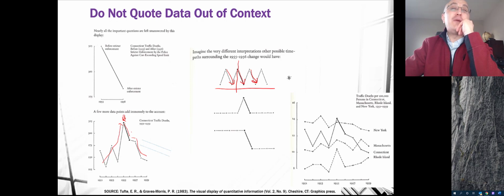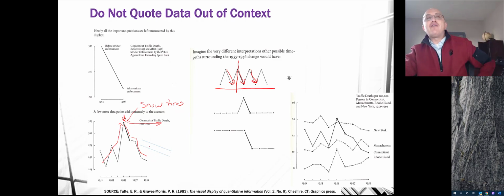Well, the answer is really maybe. Because what if there were other elements here? Like, for instance, let's say there was also legislation in 1955 that required snow tires, or you'd get ticketed, right? And that requirement held from this point forward. Well, it could also be snow tires that are reducing traffic deaths.